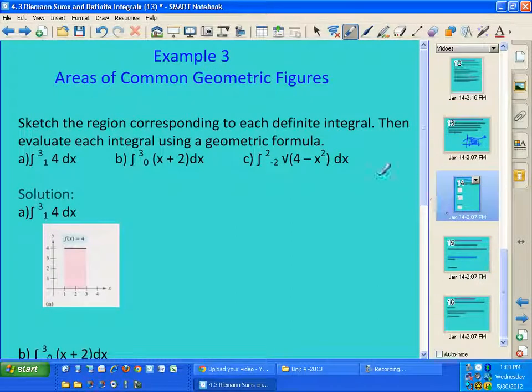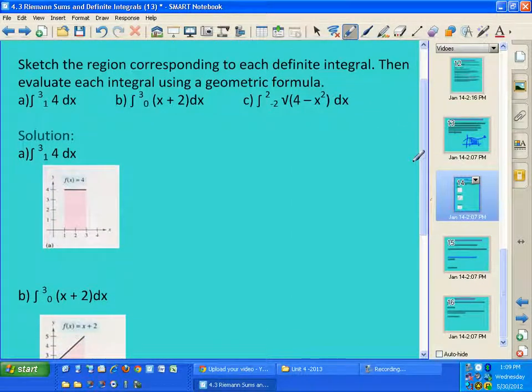So here are some geometric examples of what's happening. If I was to do the summation of this, remember that this is just saying we're going to make our limit as n goes to infinity of the summation from 1 to n of 4. Well, that would mean that if I made my number of rectangles go to infinity, this would just be 4 times n.